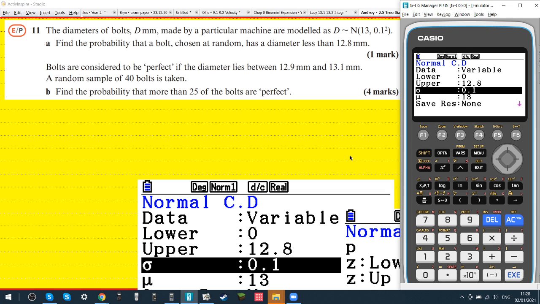But what is probability? Is it just the previous probability you just found? That was the probability of 12.8 or less. We need the probability of between 12.9 and 13.1.